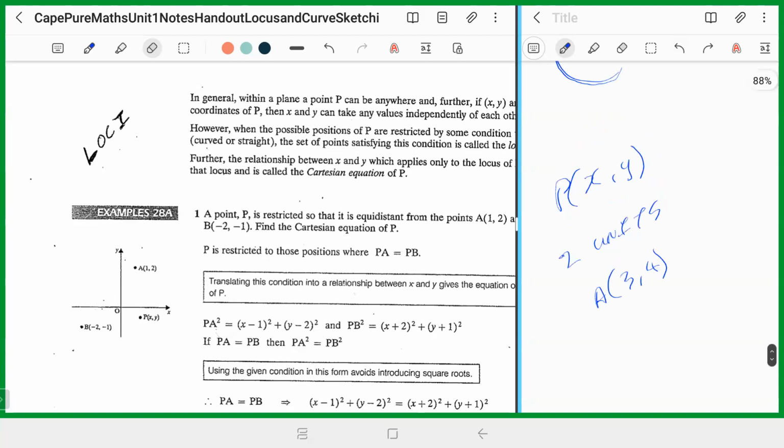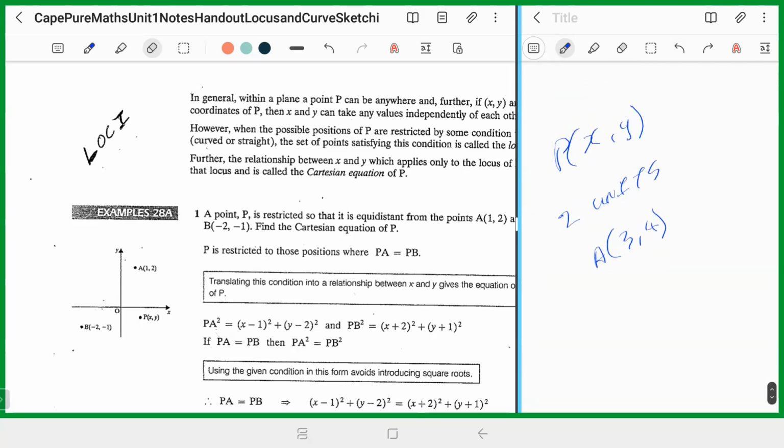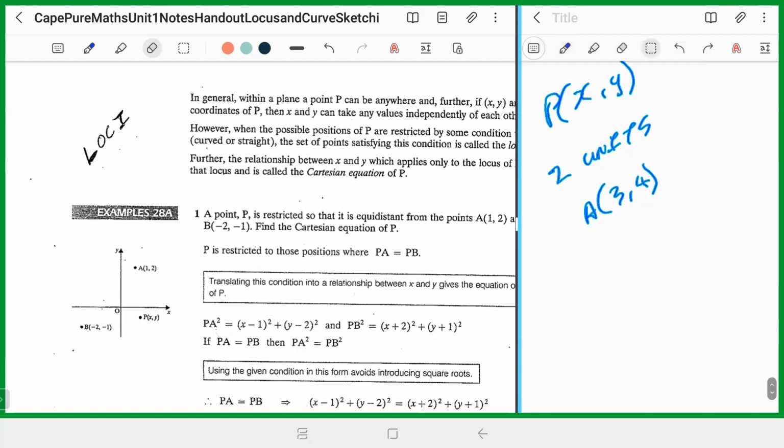Right? So let me shift these up. It means that you have the point A here, and P is moving such that its distance from it is always 2 units. So P is here.